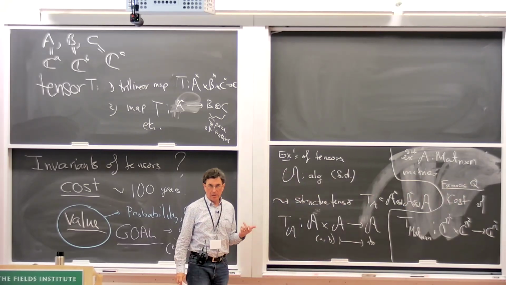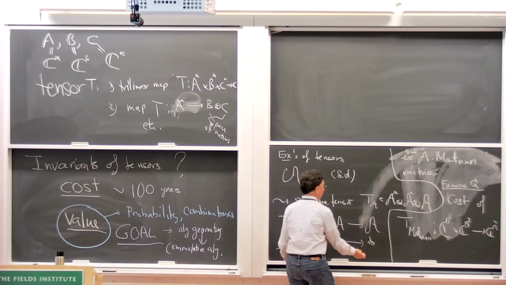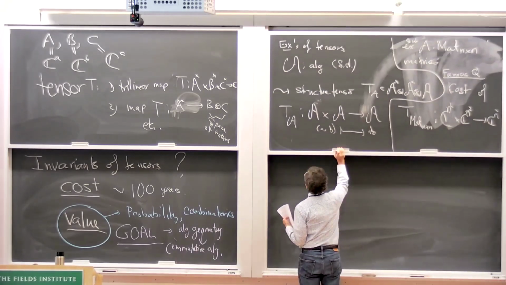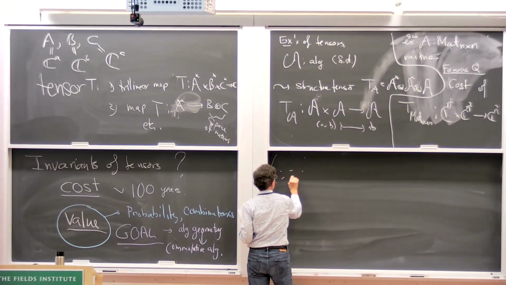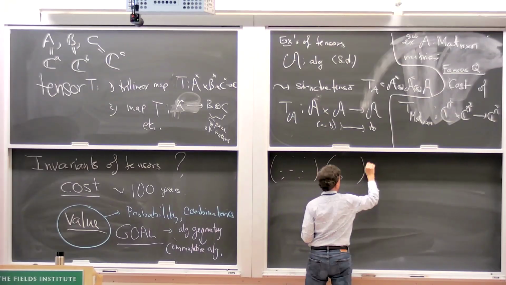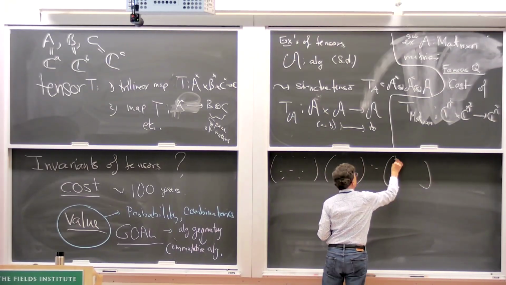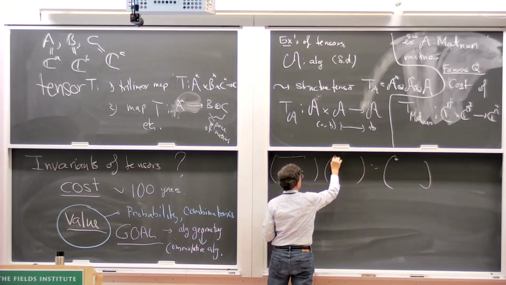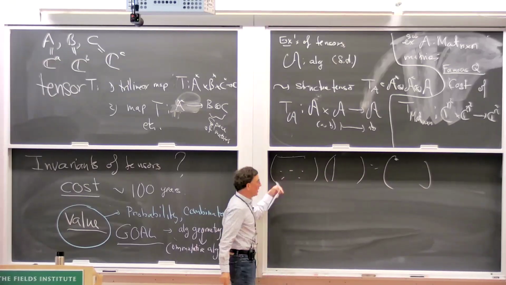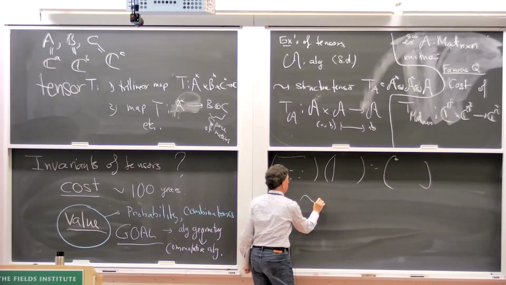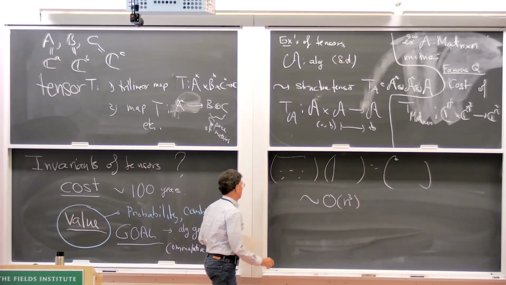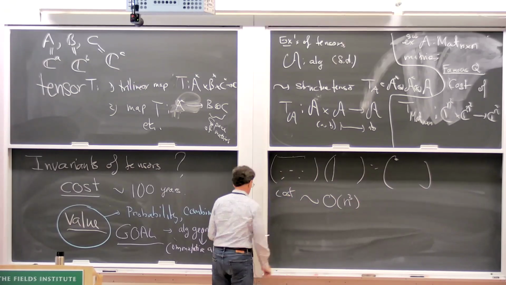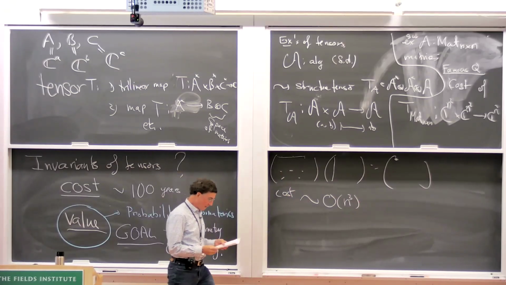And the naive algorithm, well, if I'm multiplying two matrices, to get this entry, I have to do, say, n multiplications, n minus 1 additions. So it costs on the order of n cubed arithmetic operations.